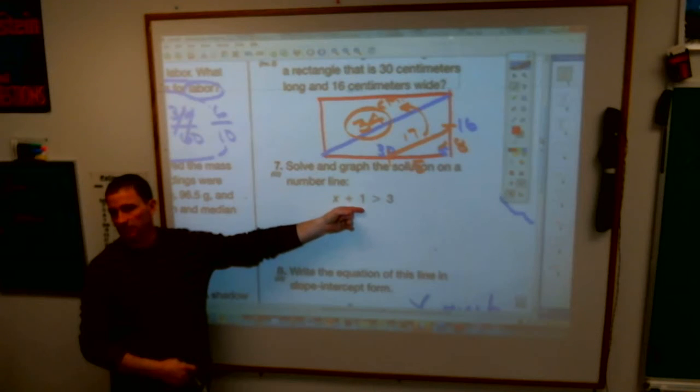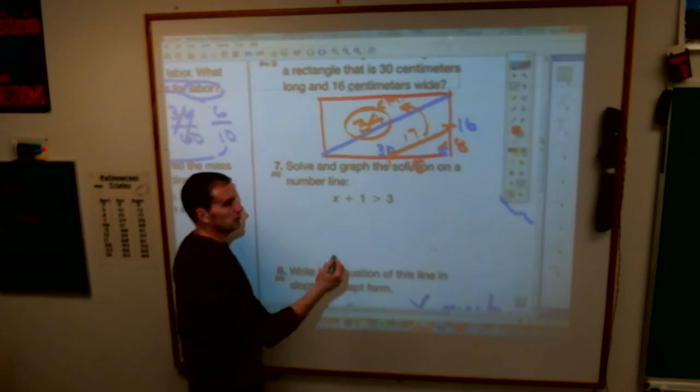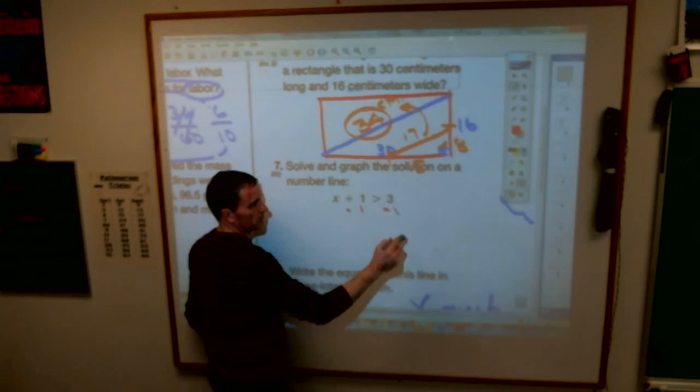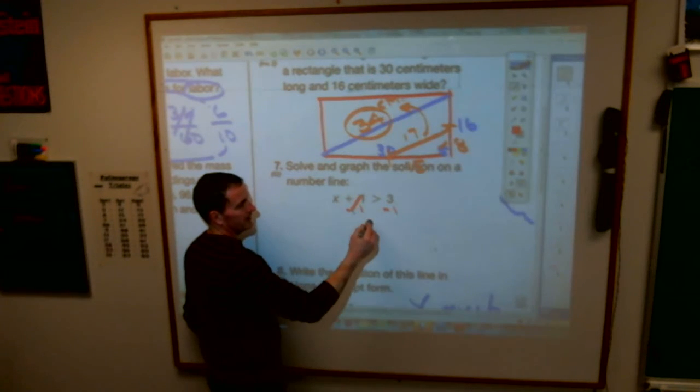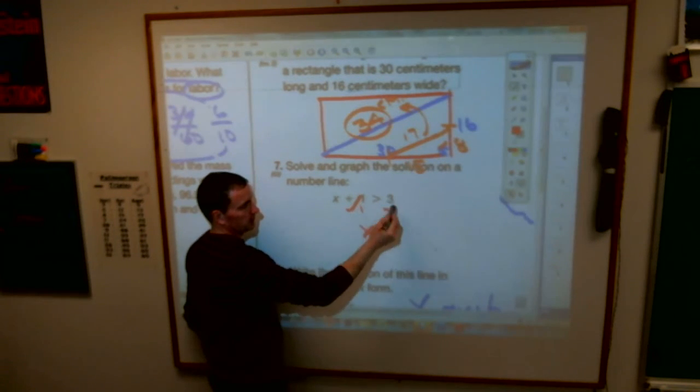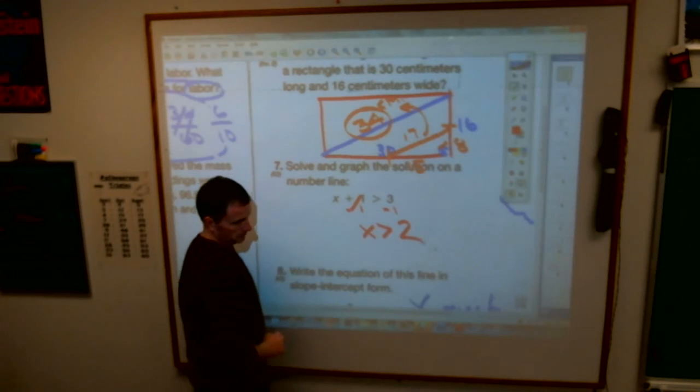Well, that would give me a plus 2 then. 1 plus 1 is 2. How do I get rid of a plus 1? Subtract 1. It's an equation. You do the opposite. Subtract 1, subtract 1. This goes away. Now x is greater than 3 minus 1, which is 2.